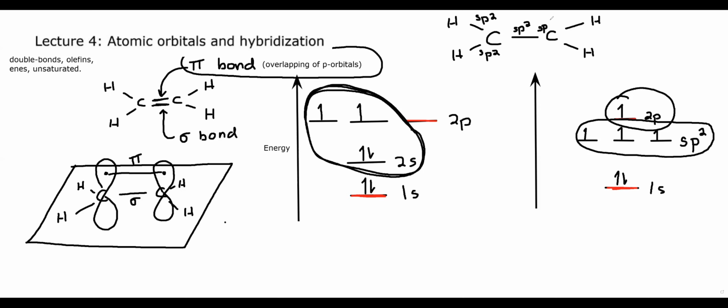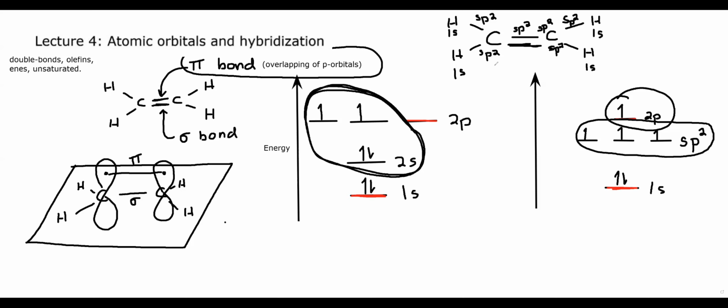So the bond between the 2 carbons is overlapping sp2 orbitals. Now remember, hydrogen can only make bonds with a 1s orbital, so all those are 1s. But all the bonds coming out from carbon are in the sp2 orbital. Why? Because one of the p orbitals is making a pi bond.